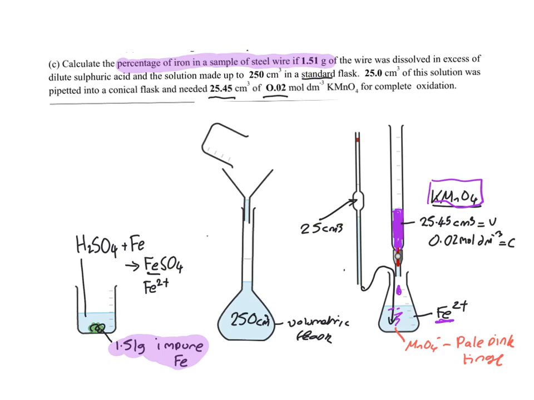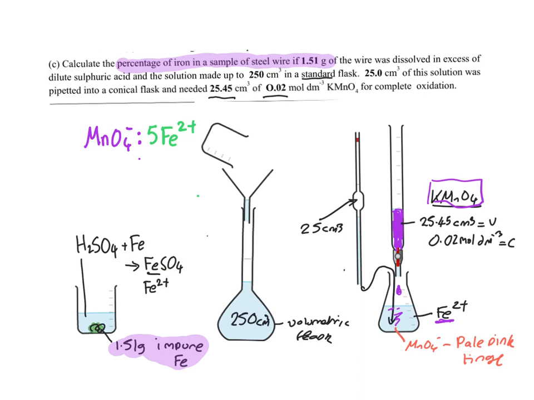purity. So again, we need to go back to our redox reaction, and we need to remember the ratio of the oxidizing agent, which was the MnO4 minus, to our Fe2 plus ions, which, if you can remember, was a ratio of 1 MnO4 minus to 5 Fe2 plus ions, a ratio of 1 to 5.